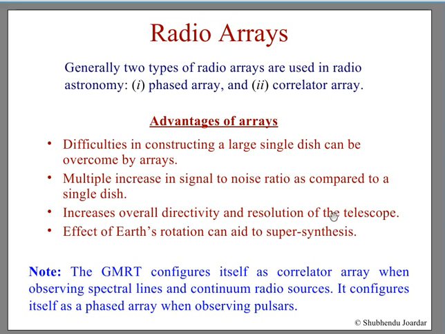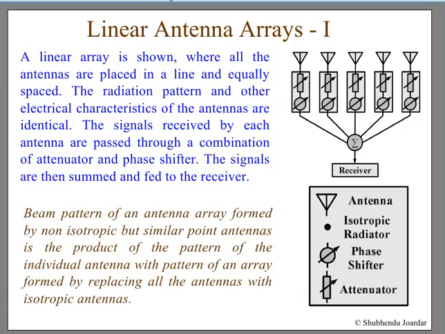That I will talk about in some future lectures. Now, as a note, the GMRT configures itself as a correlator array when observing spectral lines and continuum radio sources. It configures itself as a phased array when observing pulsars. So these are the two modes the GMRT operates with.